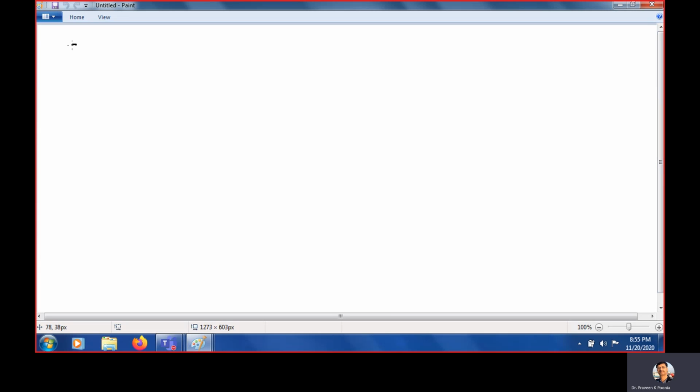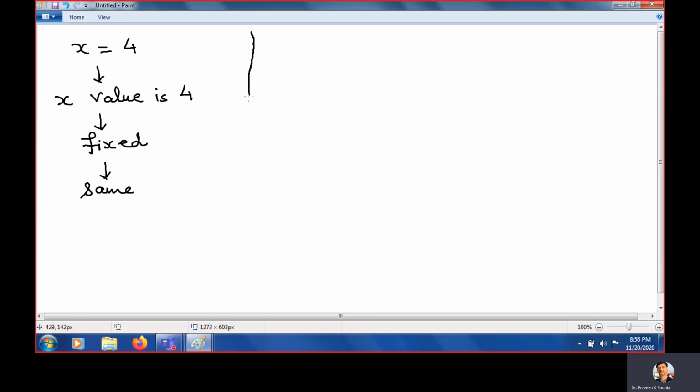As I told you, if I am writing x is equal to say 4, so x is equal to 4 means the x value is 4. And this is fixed. Fixed means it is not going to change. Okay. But if I'm saying x greater than 4, what do you mean by that?